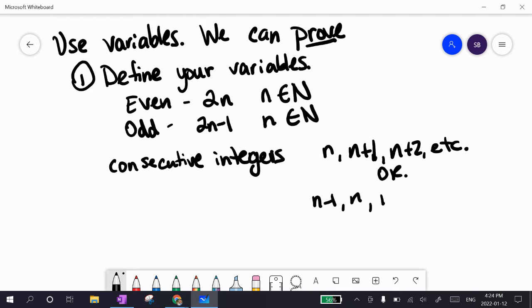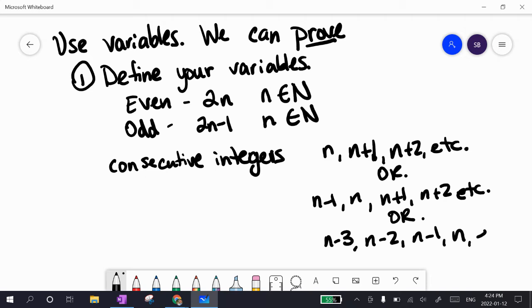The next one after that would be n plus 1. And then n plus 2, etc. Or it could start with n minus 3. The next one after that would be n minus 2. Then n minus 1. And then n, and so on. Just wherever it starts, the next one adds an extra number to it. In this case, n is an integer to begin with.